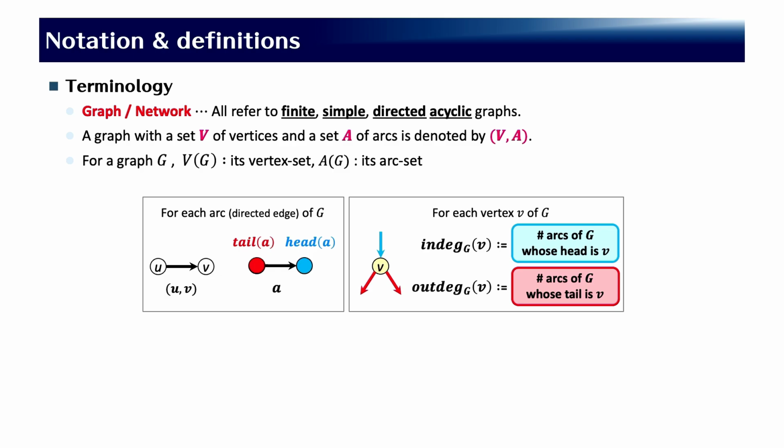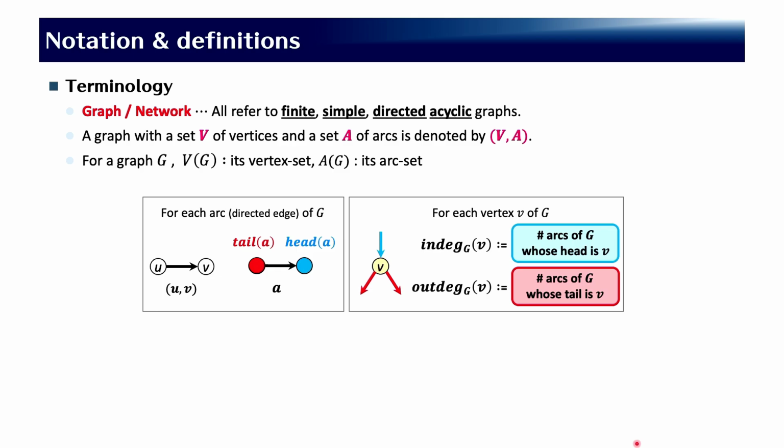An arc oriented from a vertex u to a vertex v is denoted by (u, v). For any arc a, the head of arc a means the vertex which a arrives at, and the tail of a refers to the vertex which a starts from.